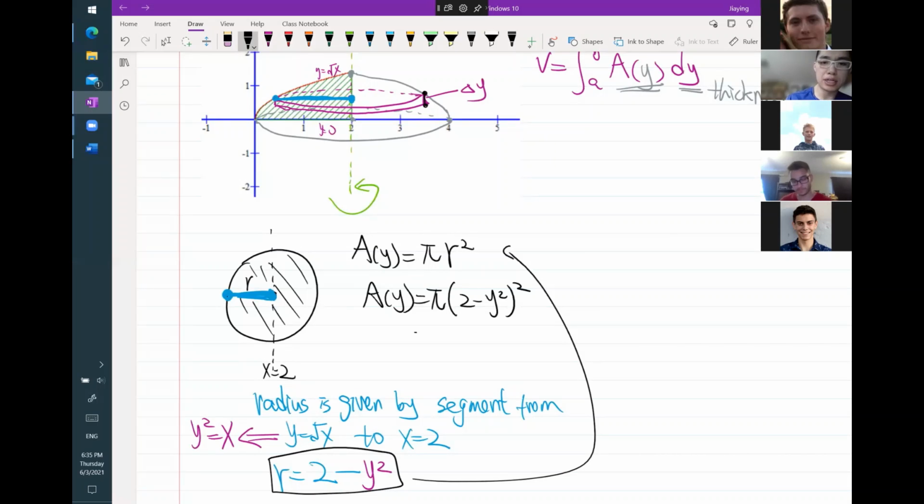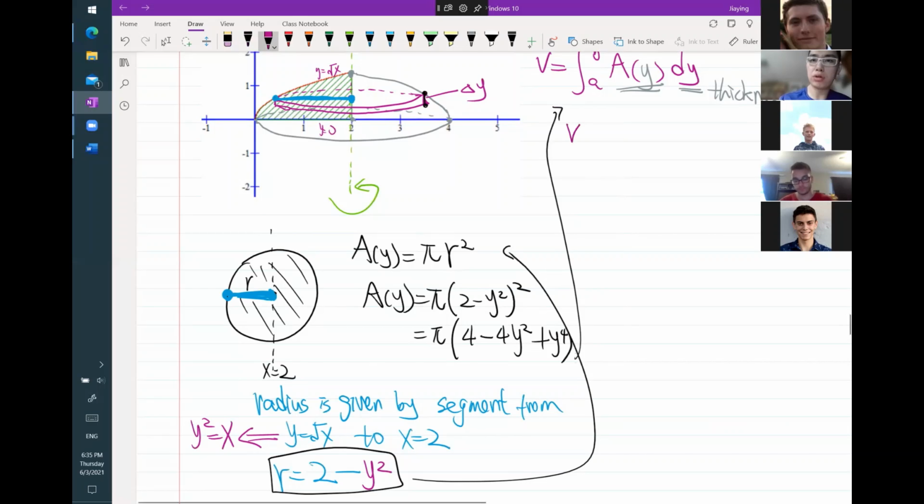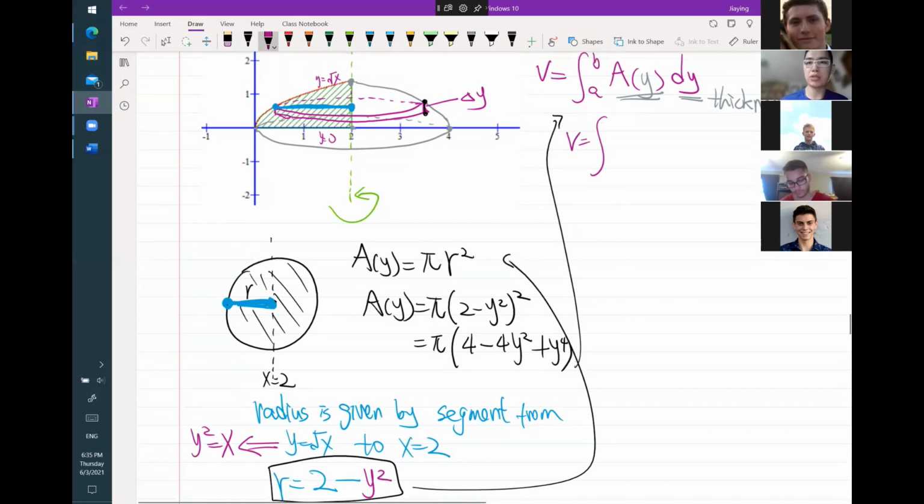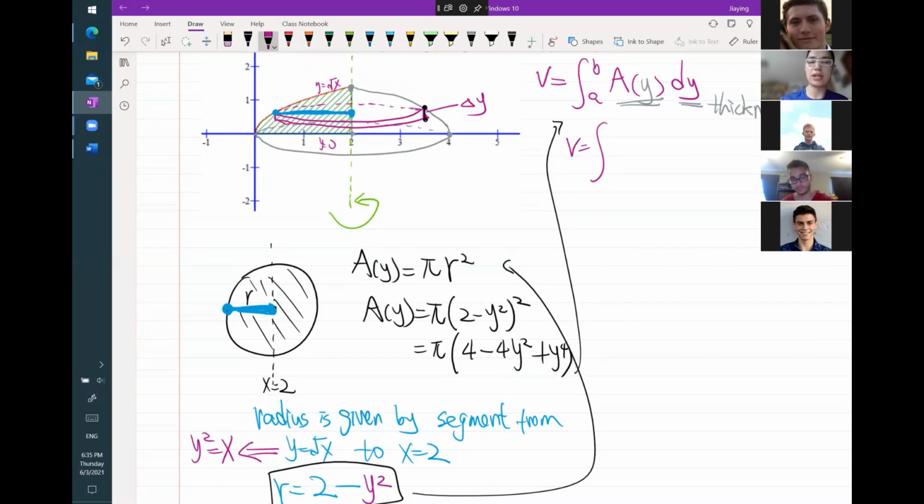You can expand that and write it as pi times 4 minus 4y squared plus y to the 4th. At the end, we're going to put this into the volume function. So volume is equal to the integral from a to b, I'll figure out a and b later, of pi times 4 minus 4y squared plus y to the 4th dy.